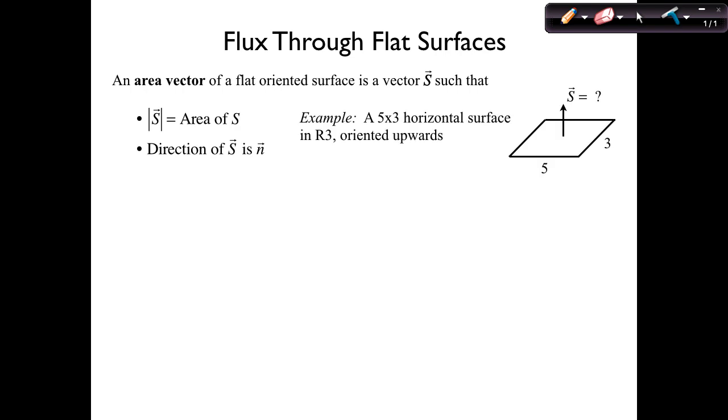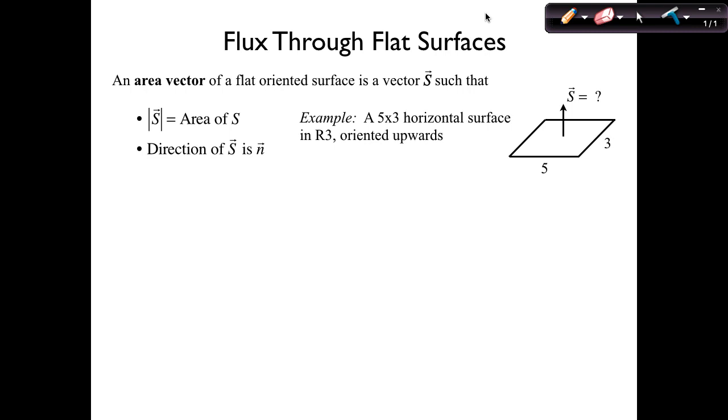Okay, so here's a real simple example. A 5 by 3 horizontal surface in R3 oriented upwards. What would the area vector be? Think magnitude and direction. It's a vector whose magnitude is the area and whose direction is orthogonal, in the direction of the orientation.